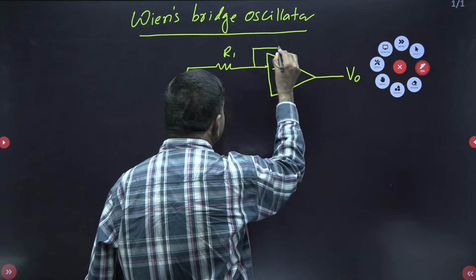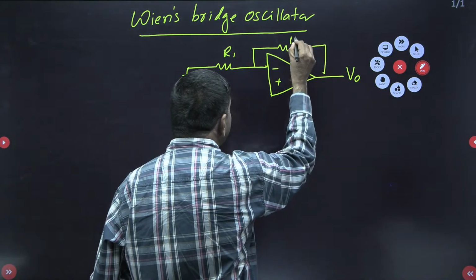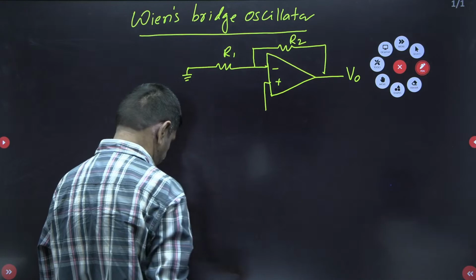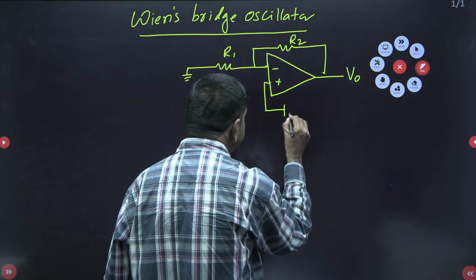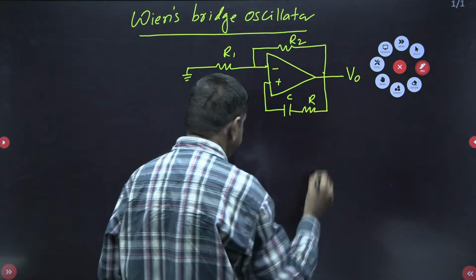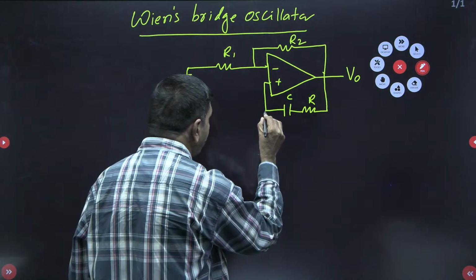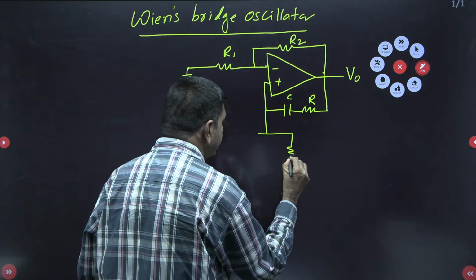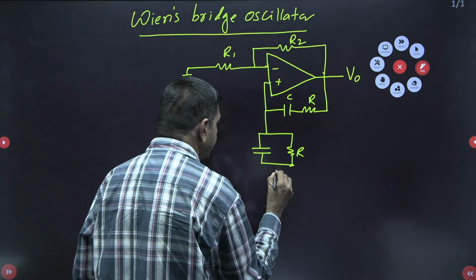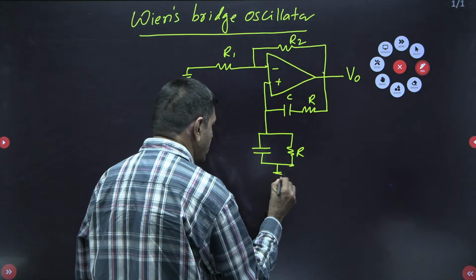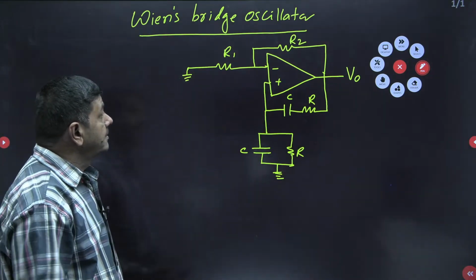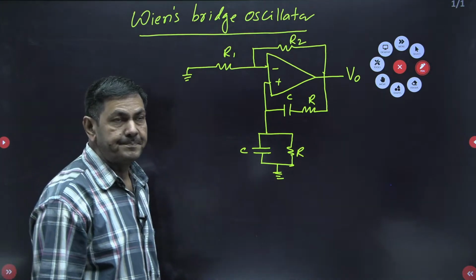There is a resistor R2, and the positive terminal is connected to the capacitor and also one resistor R. Here I got R and C. This is R, this is the capacitor, and this is connected to the ground. This is C. This is nothing but the Wien bridge oscillator.